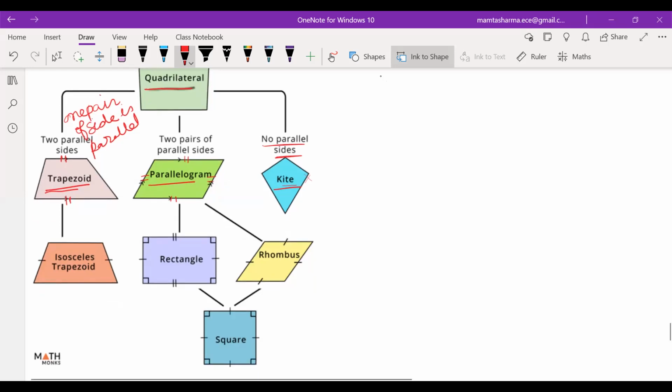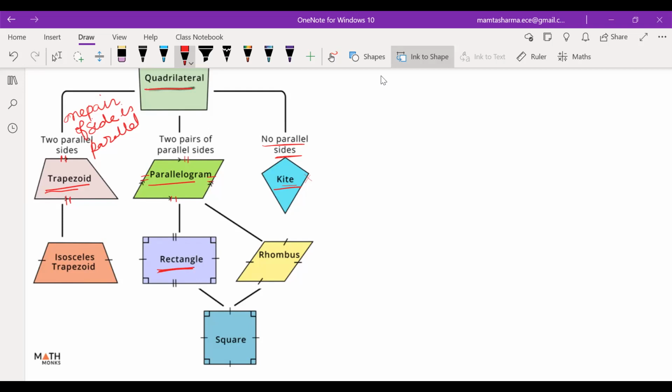Now the parallelogram is again divided into two types: rectangle and rhombus. If all the parallelogram's angles are equal, each 90°, then it is a rectangle.